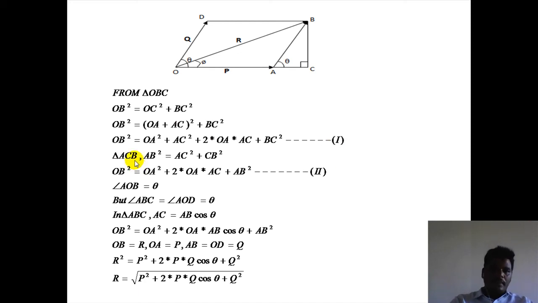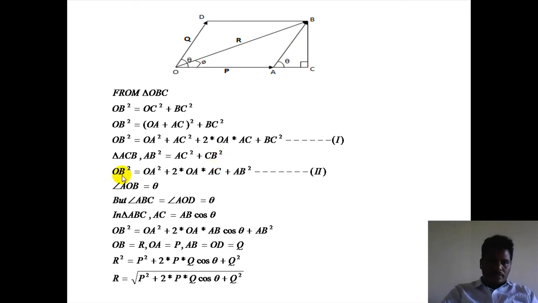Next, from triangle ABC, which makes an angle of theta, using the Pythagoras theorem again, AB square is equals to AC square plus BC square.